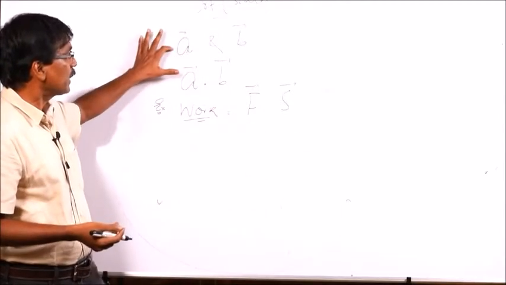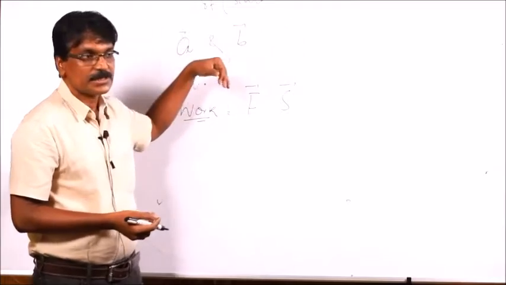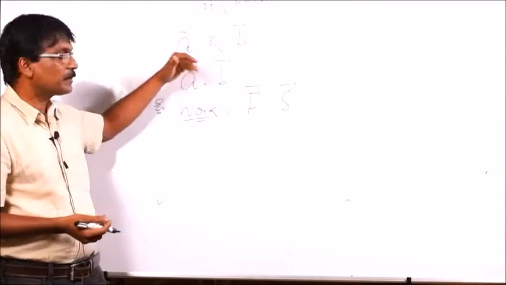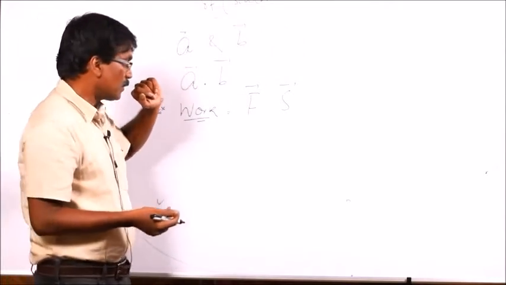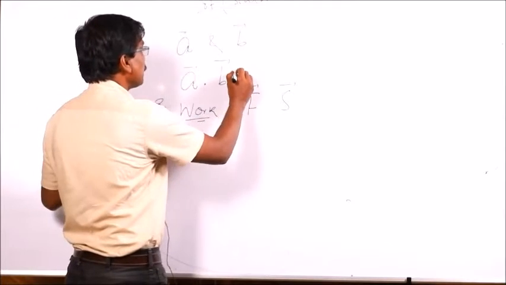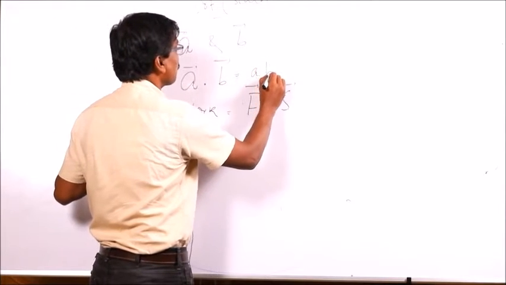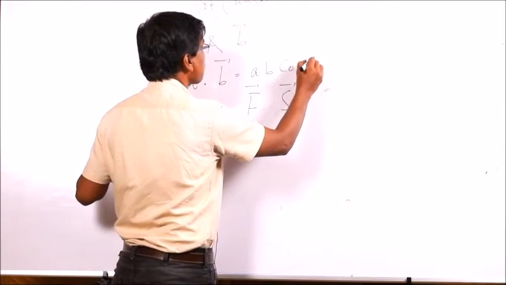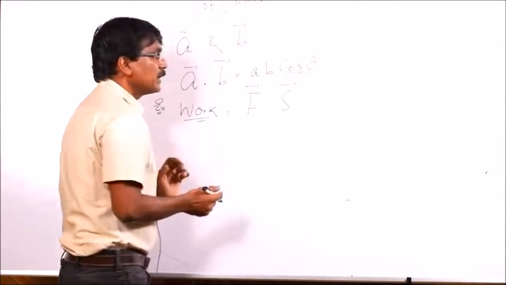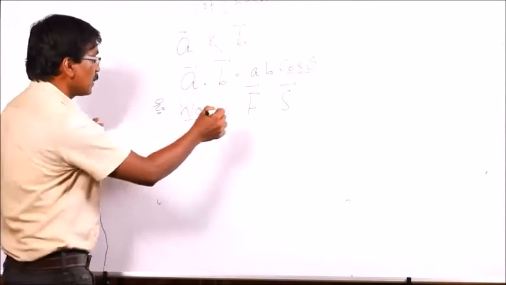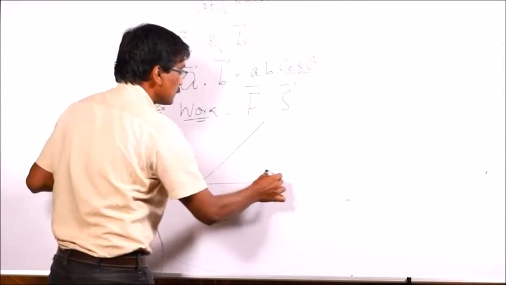Similarly, if A and B are two vectors, its scalar product is defined to be A dot B. So A dot B is defined to be AB cos theta, where theta is the angle between A vector and B vector. We can draw like this.